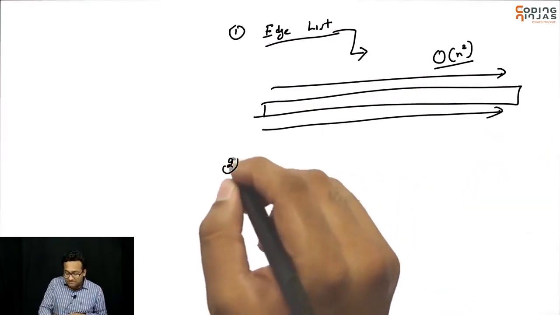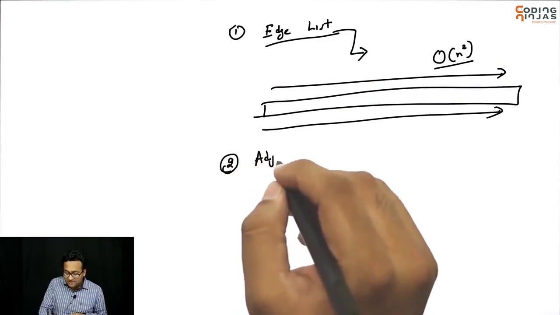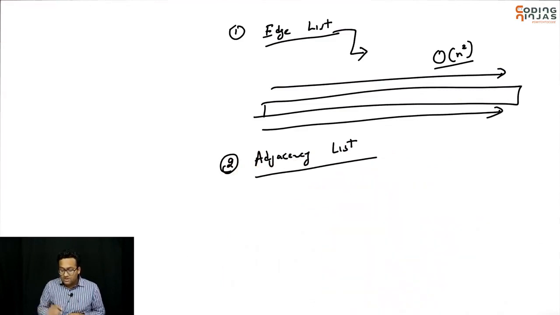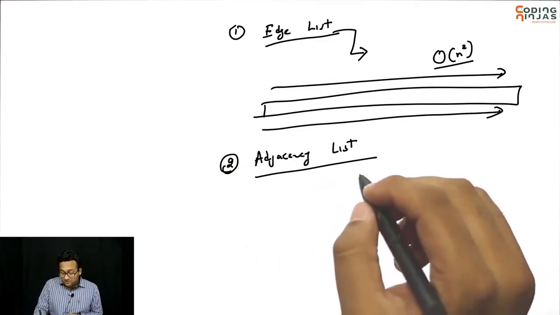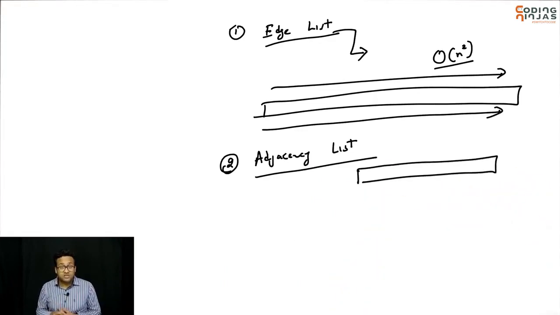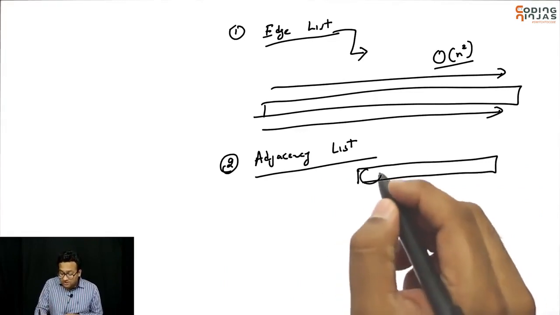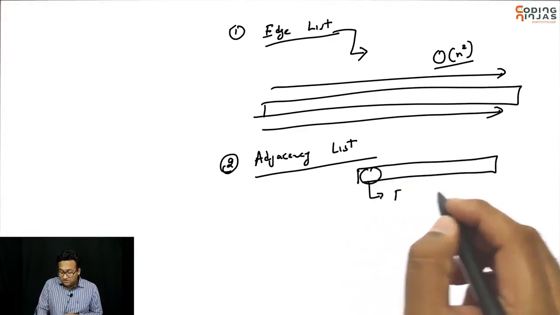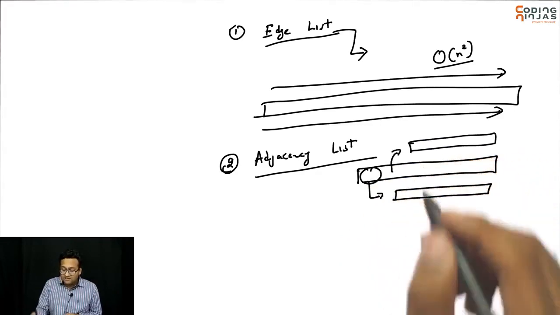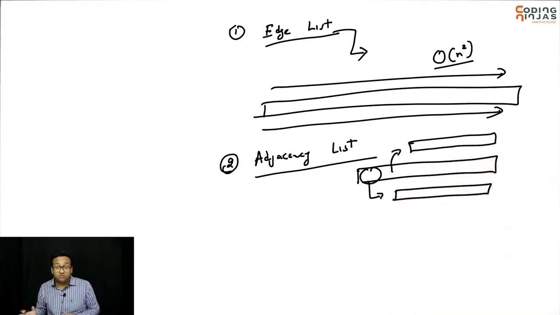The second way we can implement this is called adjacency list. Adjacency list basically means that we'll have an array containing all the vertices. We'll have all the vertices, but then each of these vertices will have their own list of vertices that they are connected to. They have an edge to, not connected to, they have a direct edge to.